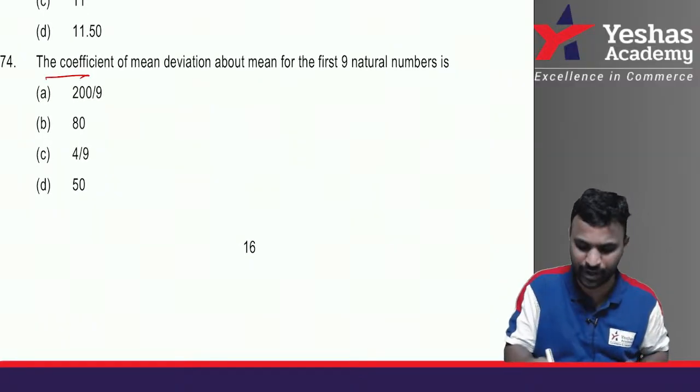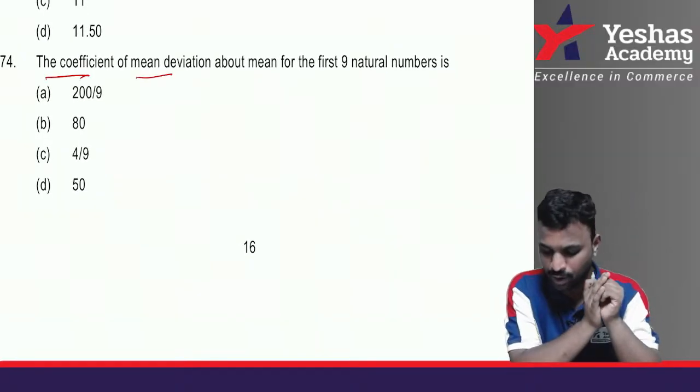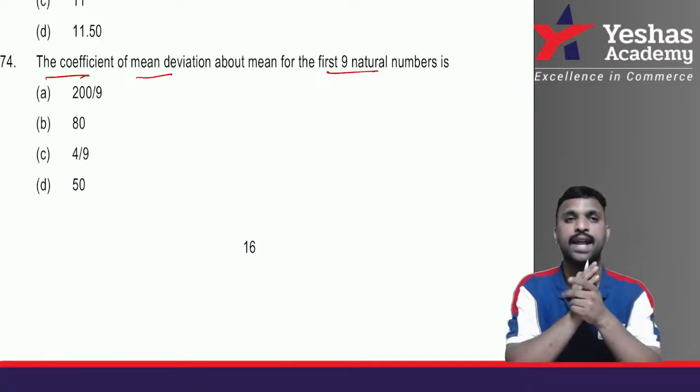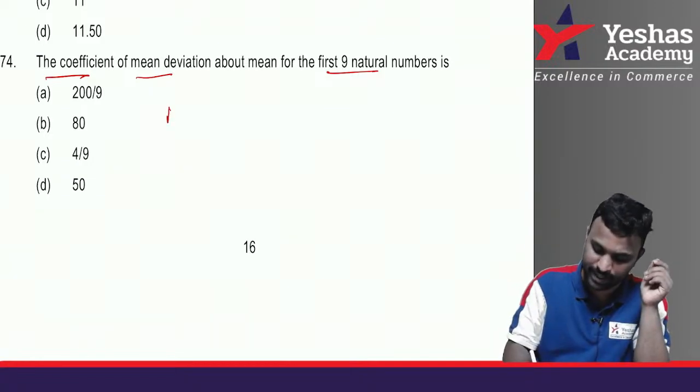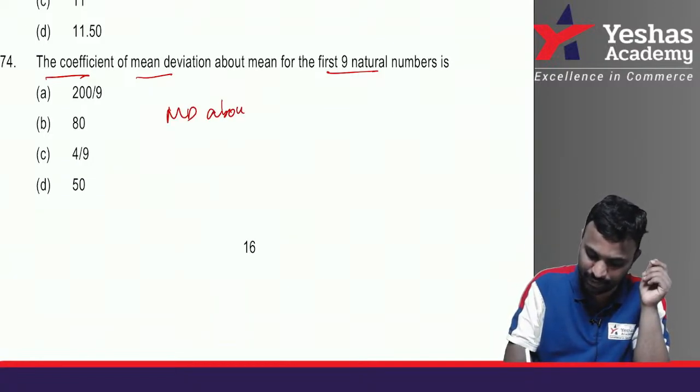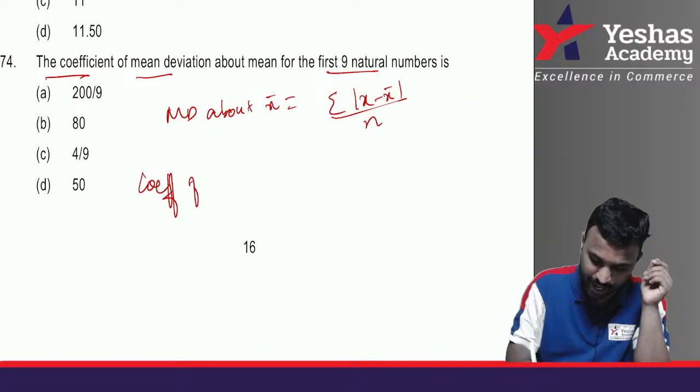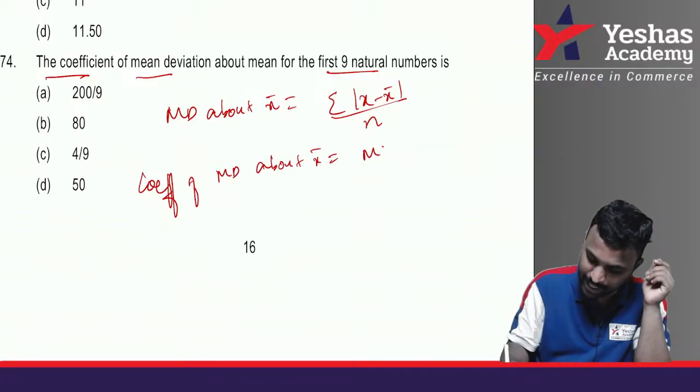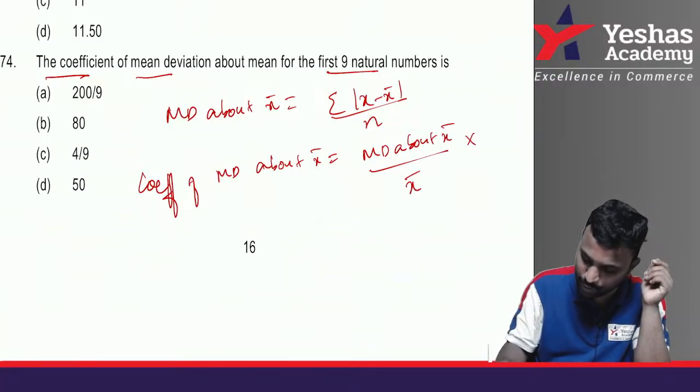Guys, moving on to the next question, the coefficient of mean deviation about the mean for the first 9 natural numbers. What is MD about mean? First of all, it is summation mod x minus x bar divided by n, and the coefficient of MD about mean is MD about mean divided by mean into 100.